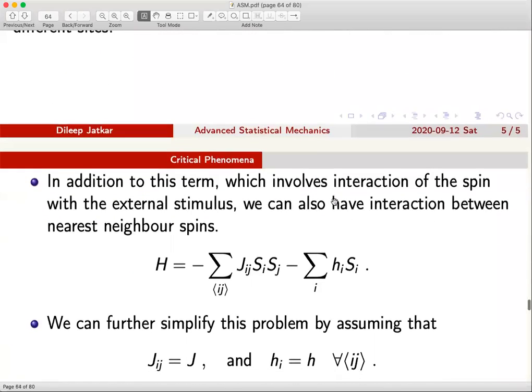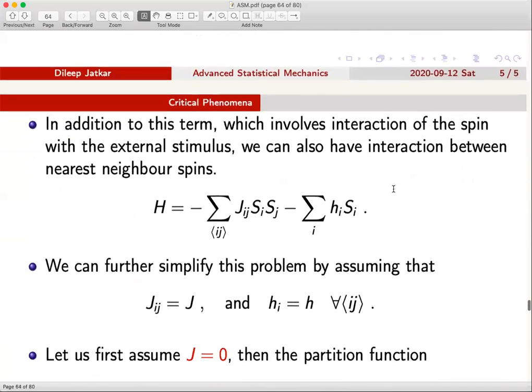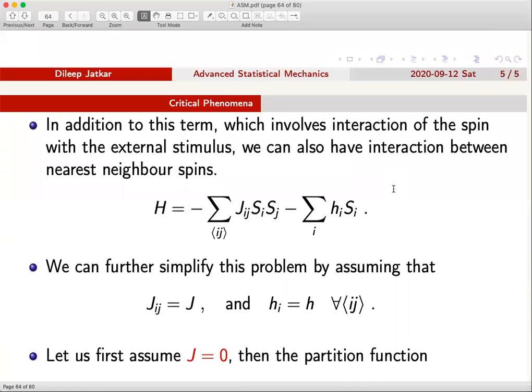Then we said you could generalize this Hamiltonian by allowing the nearest neighbors to talk to each other, and that's what this angle bracket says. We wrote down a term J_ij s_i s_j, where s_i is the spin at the ith site and s_j is the spin at the jth site, and besides having the interaction with the external magnetic field, they could talk to each other if they are neighbors.